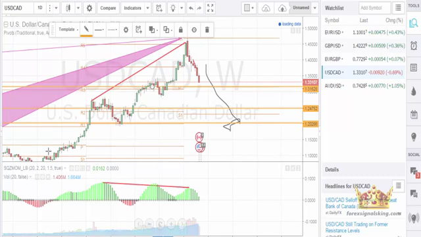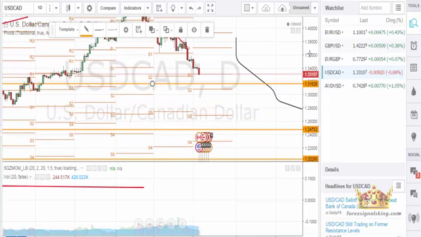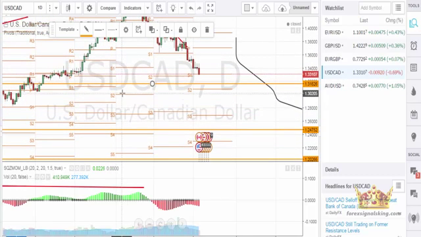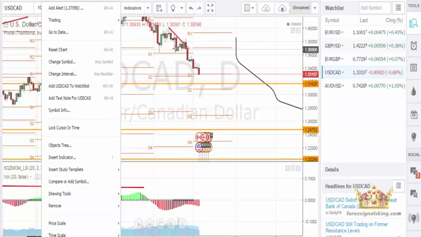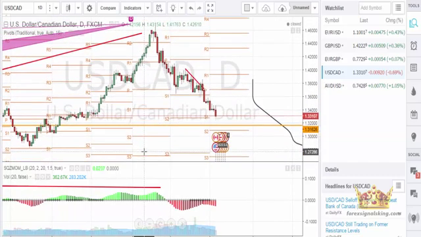So let's go deeper in the 1 day time frame. We can see that on pivots, there is a pivot point already, a support which on daily time frame is settling at the 1.33089.